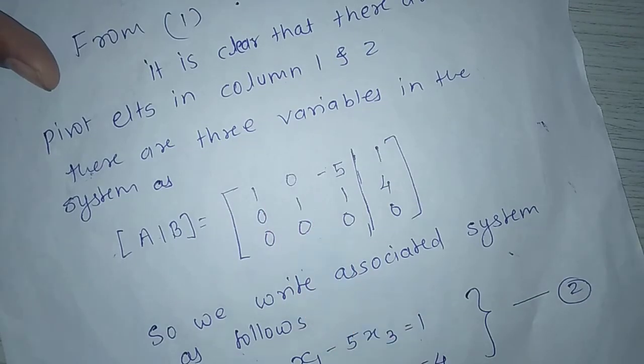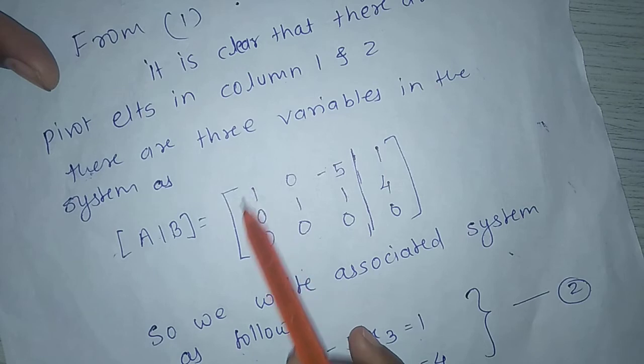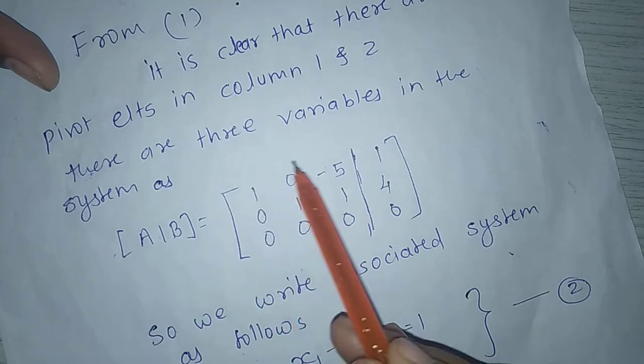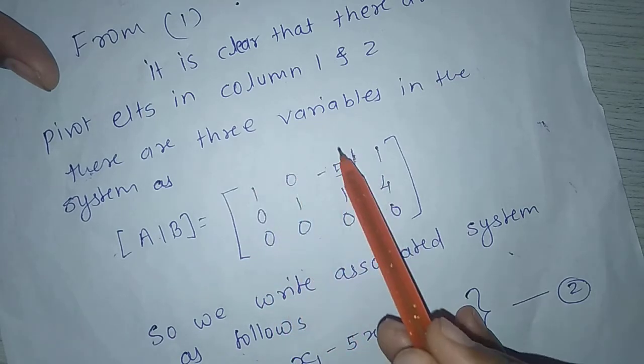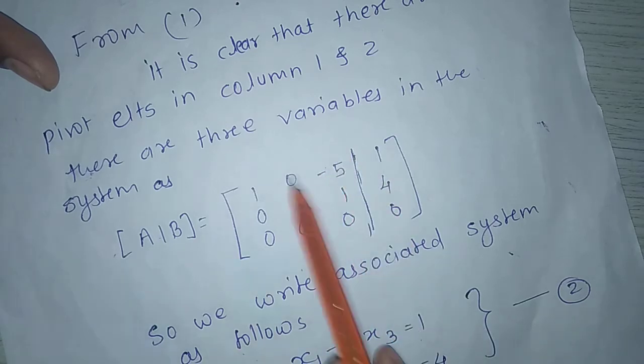Occurrence of pivot elements in a column: first column means coefficient of x1, second column means coefficient of x2 and third column means coefficient of x3.